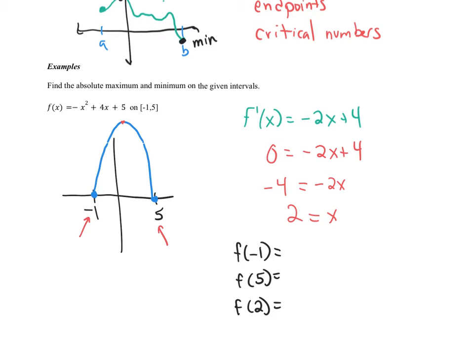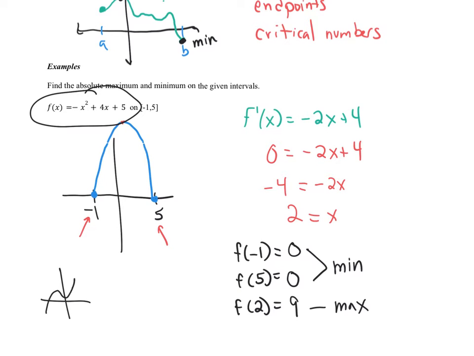So when I plug these in, f of negative 1 is 0, f of 5 is 0, and f of 2 is 9. And I'm just plugging that into my original equation. And so these two are going to be considered minimum values, and this is going to be our maximum value. Now, if there was a third or fourth point somewhere in between, it just would be neither. That could happen if you have a graph that does something like this. There'll be some in between that aren't maxes or mins.